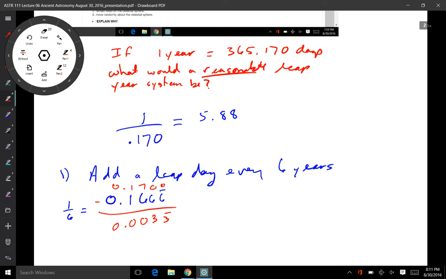What do I do now? Well, if I take 1 divided by 0.033 repeating, I have the wrong number of zeros, everybody.